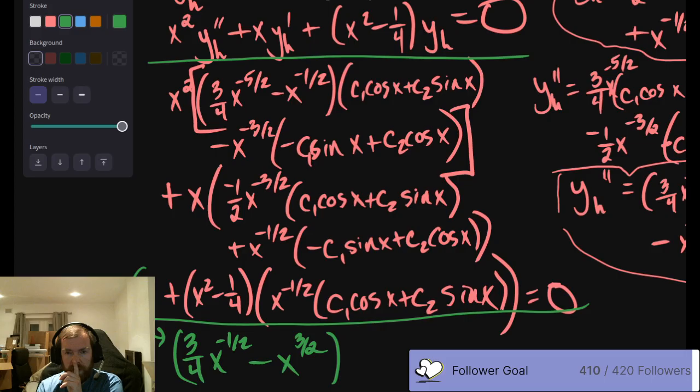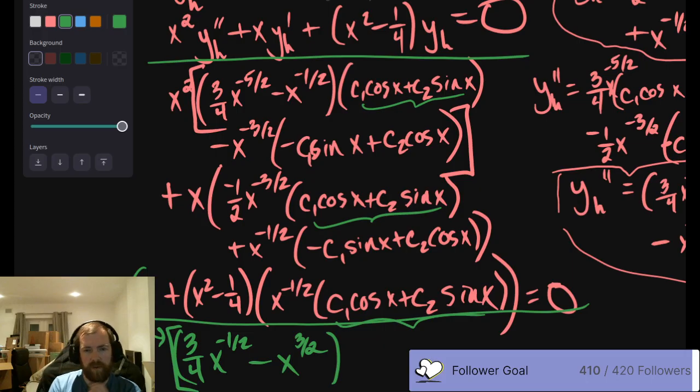Also, we see this down here as well, and down here at the bottom as well. So we can actually combine those things. The one from the middle is going to have x multiplied by negative 1/2 x to the negative 3/2.